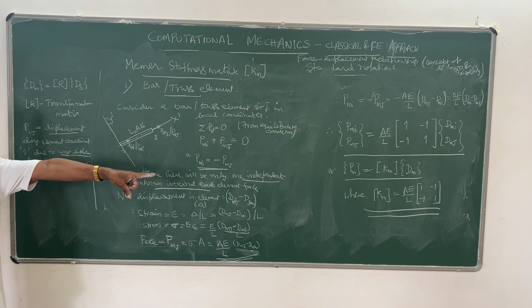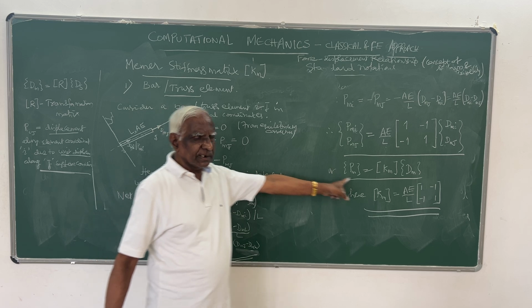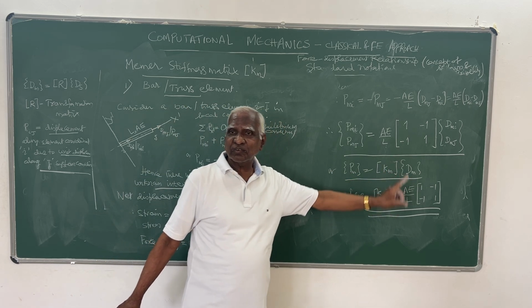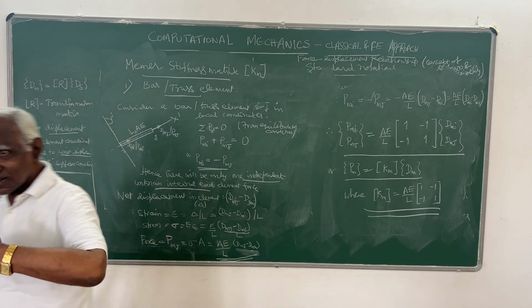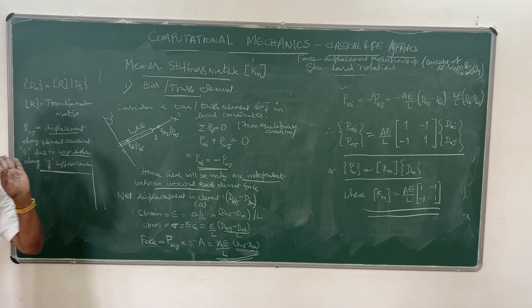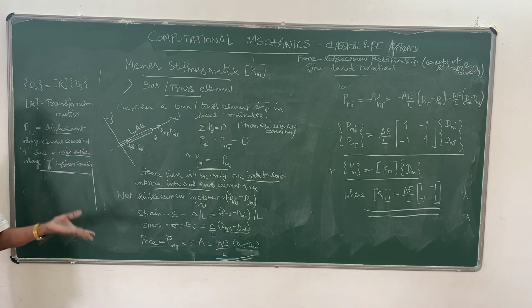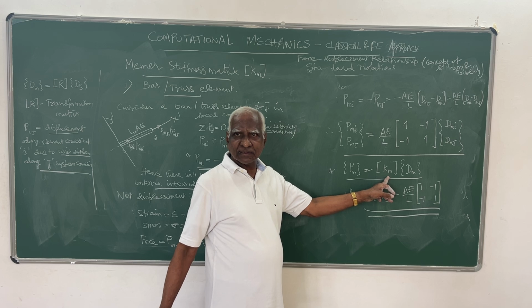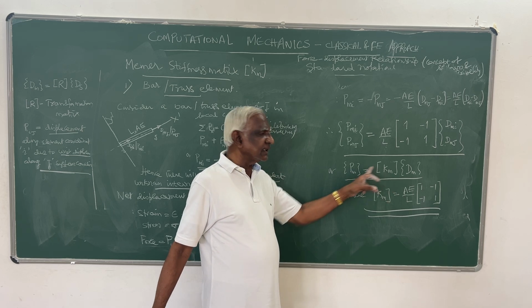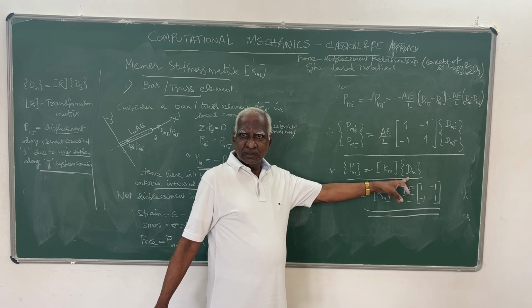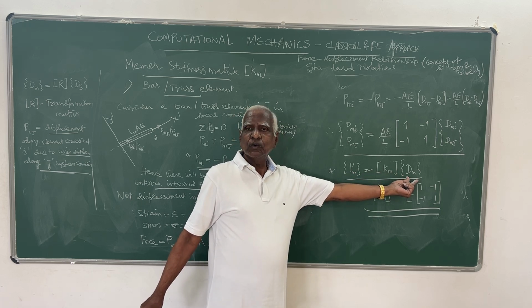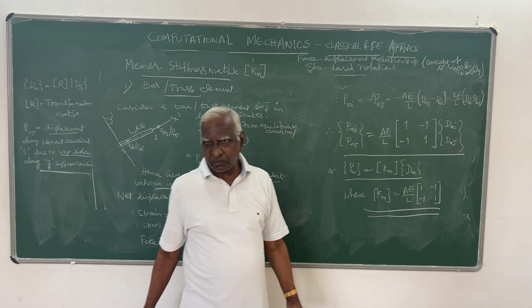I have obtained the relationship between force and displacement through a stiffness matrix. All what hitherto I told you, stiffness matrix. Now we can define stiffness matrix in a different way. Stiffness matrix is nothing but the relationship between the member end forces and member end displacements.